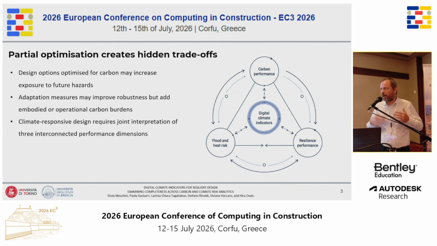But this exposes the buildings or the infrastructure to future hazards, like, for example, flood and heat risk. On the contrary, if we design a building or an infrastructure focusing only on climate risk analysis, the problem is that we probably increase the carbon footprint of our infrastructure.